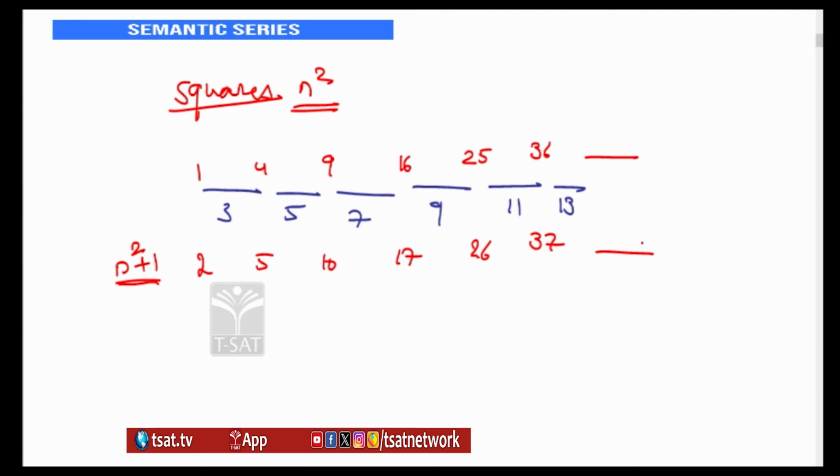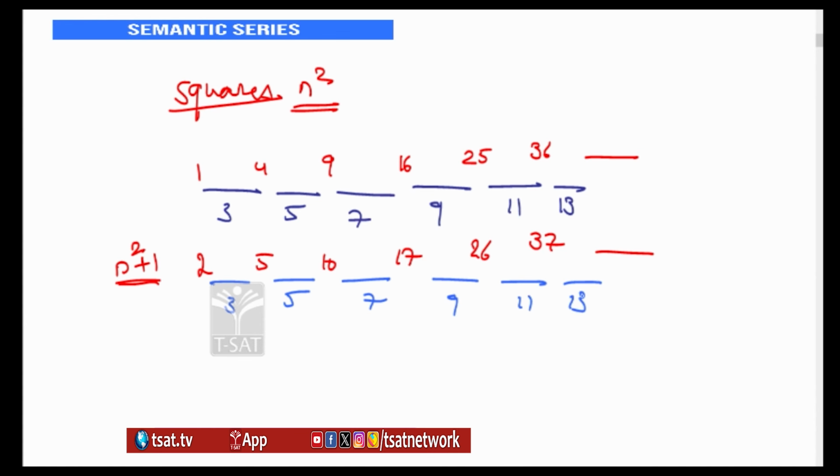If you identify that this pattern is n square plus 1, it's well and good. If not, take the difference. The difference will always be the same: 3, 5, 7, 9, 11, and obviously the next difference will be 13.